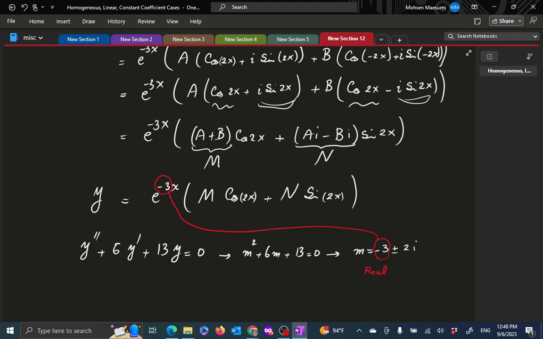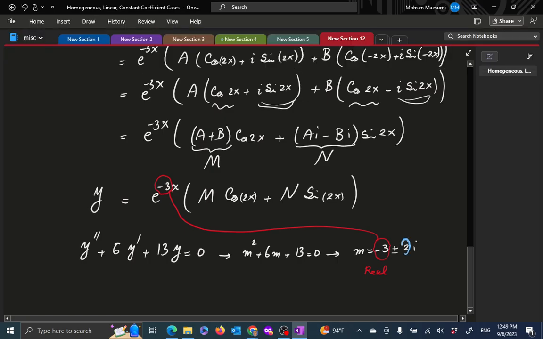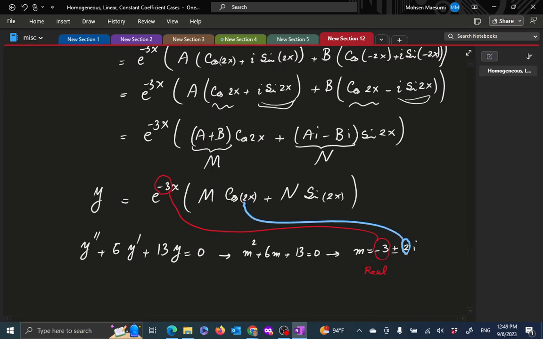And then there is an imaginary part. Imaginary part, let's call that blue. Imaginary part, aside from plus or minus, just this number. Let's just take this number. Where does that number go? Well, here is where that one goes. We don't carry the i with us.